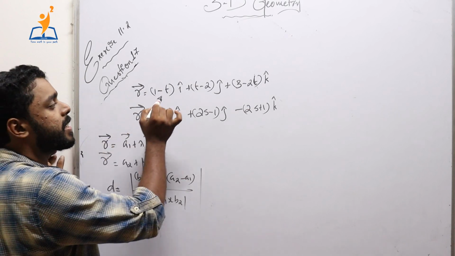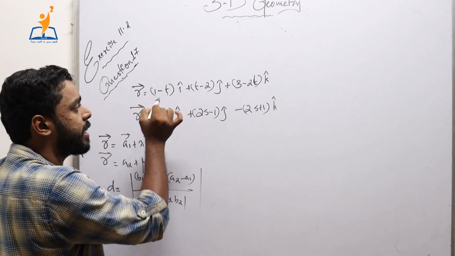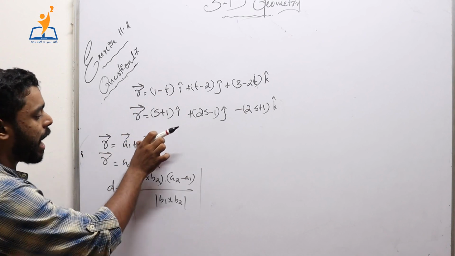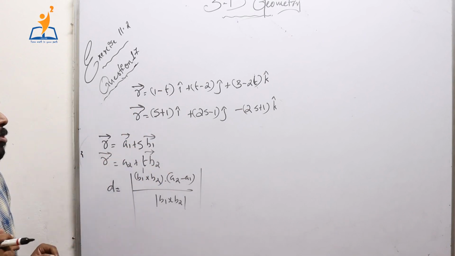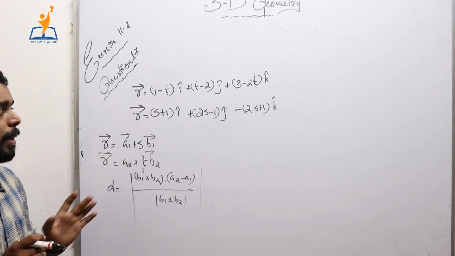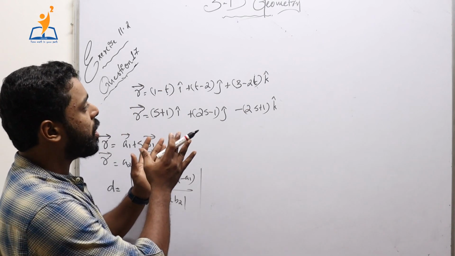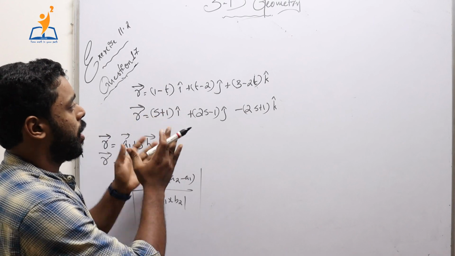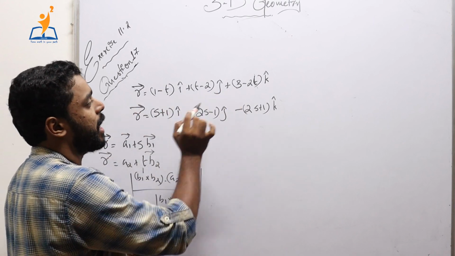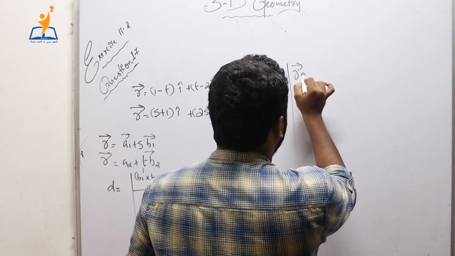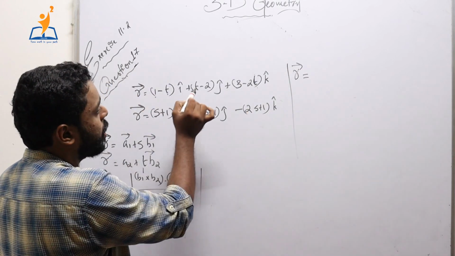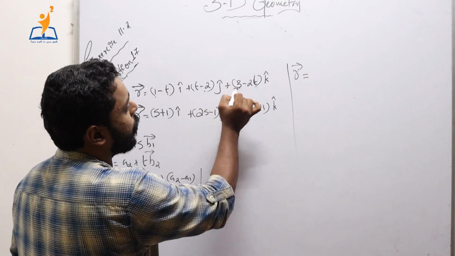See, here the scalars are respectively s and t. So instead of lambda and mu, we can convert these equations to the form a1 plus t b1, a2 plus s b2. We shall check it out. First of all, we have to associate all the terms which do not have t in the first equation. See, r is equal to, here we have 1, here we have minus 2, here we have 3.